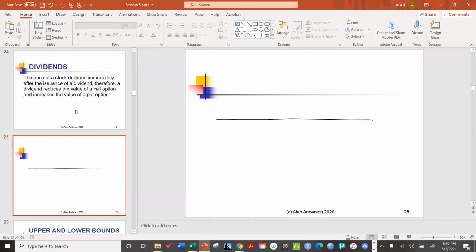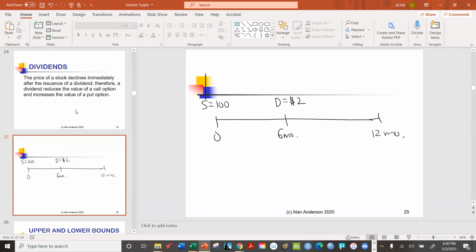So let's say this is today, and this is 6 months from now. Let's say a dividend of $2 is declared, and the stock price is initially at $100. That day, the issuer of the stock says we're going to pay a $2 dividend, and you'll probably get the dividend the next day.